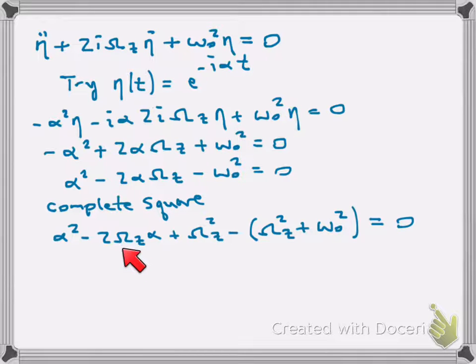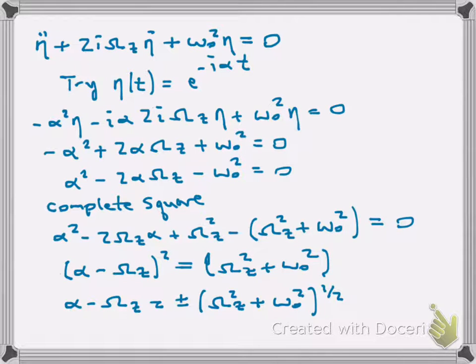I take 1/2 times the coefficient, squared. And then, since I added in an omega z squared here, I have to subtract off that omega z squared, and then I still have my minus omega naught squared. These guys are coming along for the ride right now.